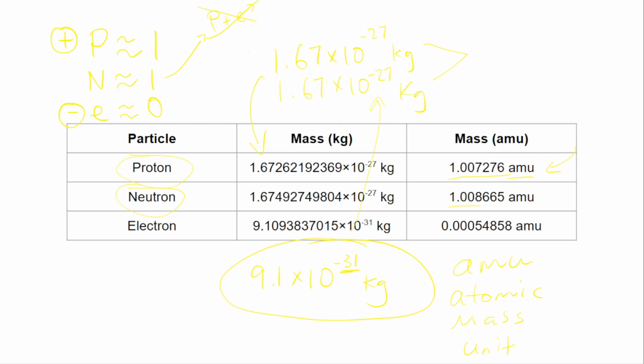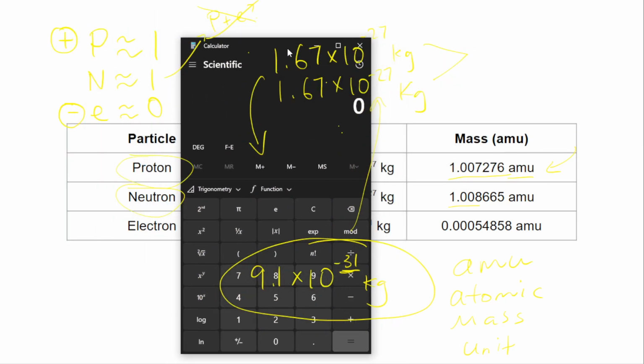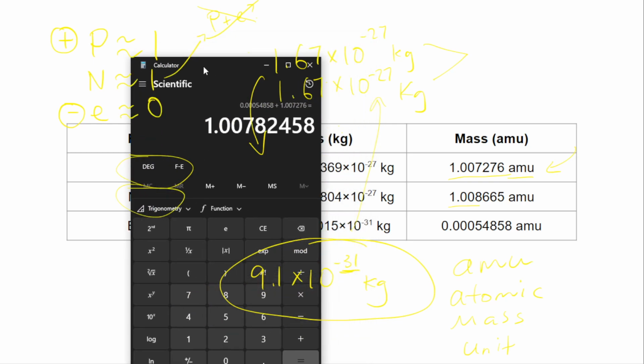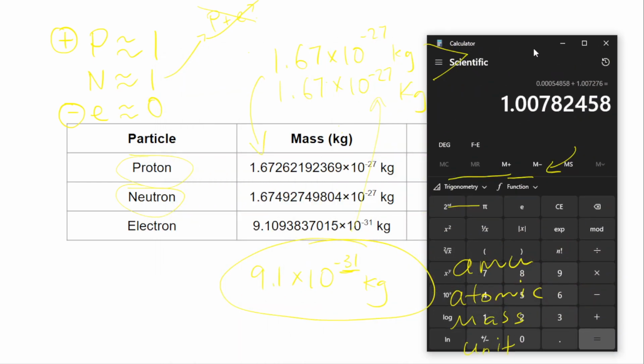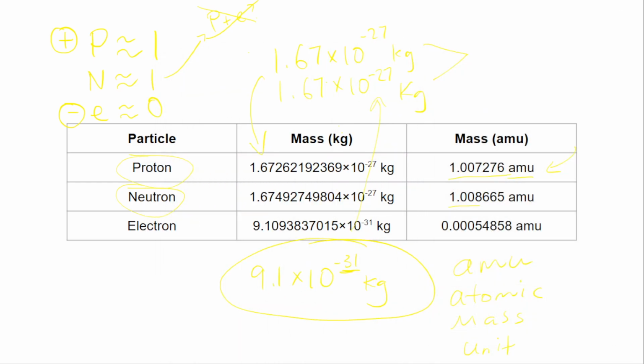So if you grab your calculator and plug in 0.00054858 plus the mass of a proton, 1.007276, it equals 1.007 something. It does not equal 1.008665. Okay, so a neutron is its own type of particle. It is not a combination of protons and electrons.